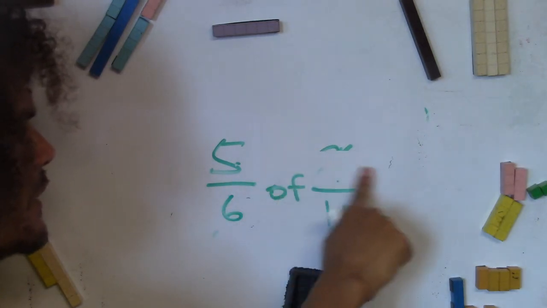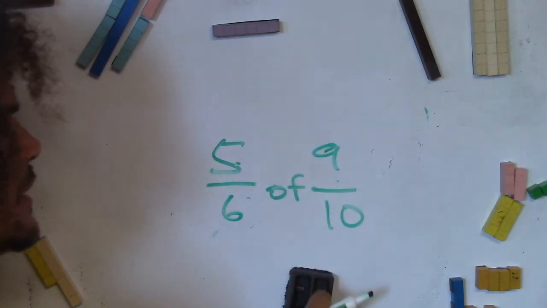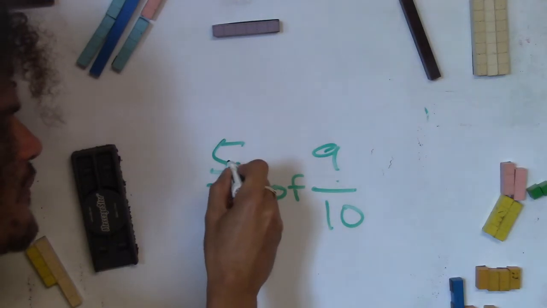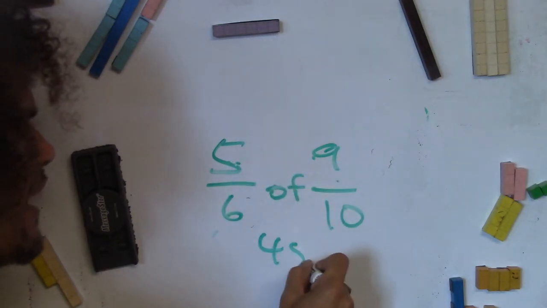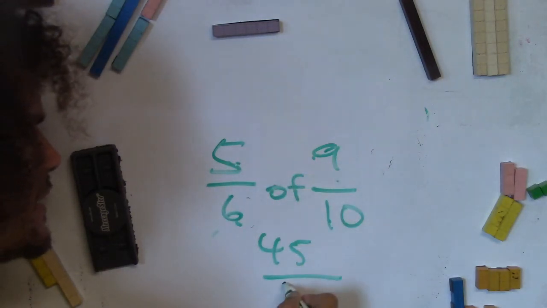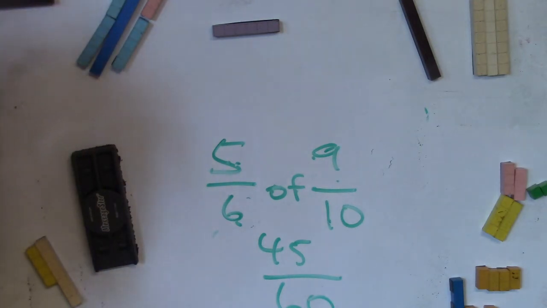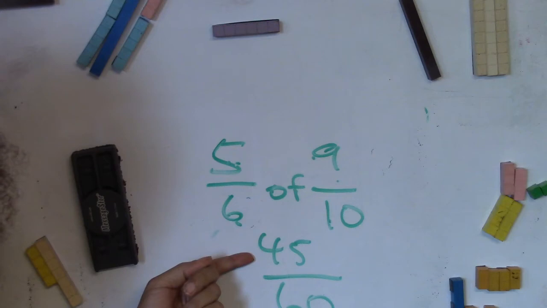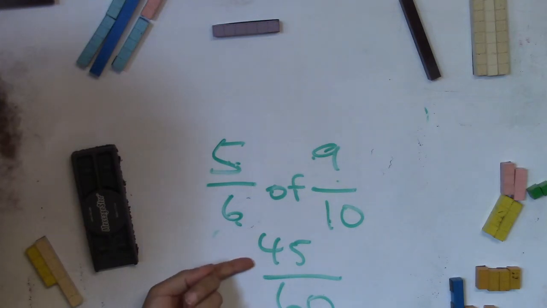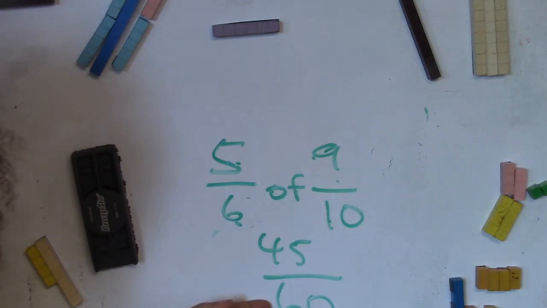5/6. This is still 9/10. We'd have 5 times 9 is 45. 6 times 10 is 60. Oh yeah. Can you see the 15s in there? There's 3 15s there and 4 15s there.